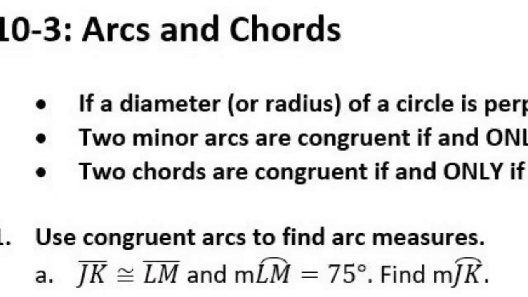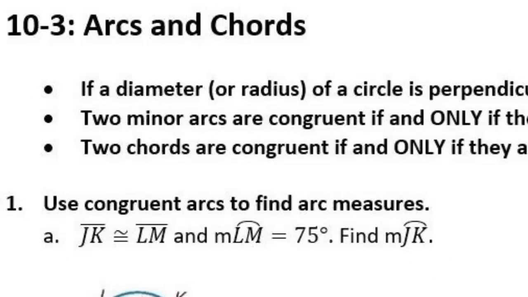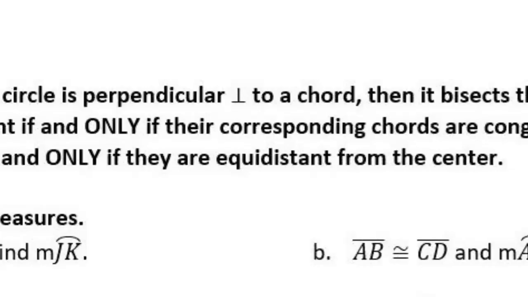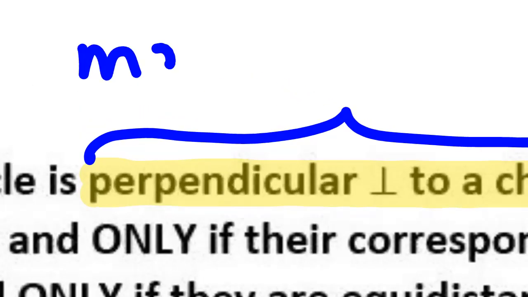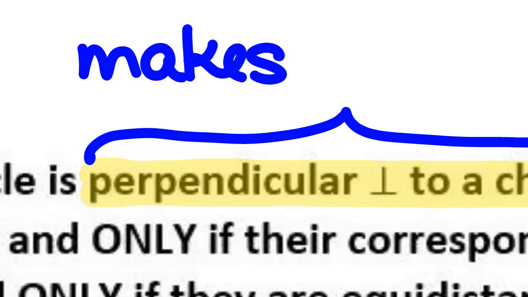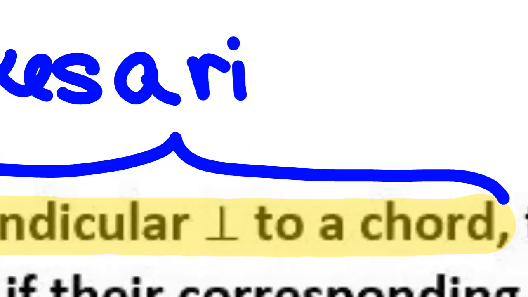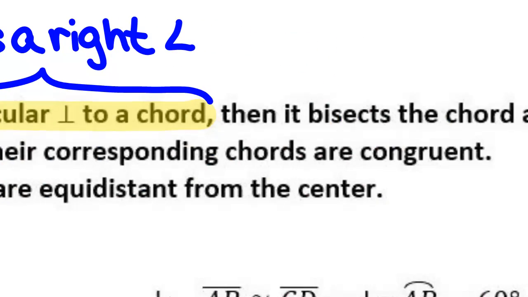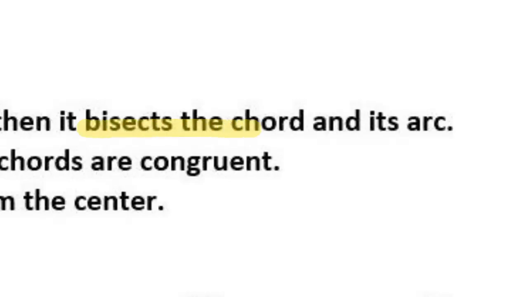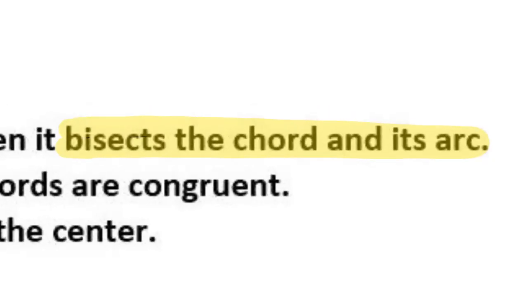The first one says if I have a diameter or a radius of a circle that is perpendicular to a chord, so makes a right angle with a chord, then that diameter or radius is bisecting the chord and its arc.